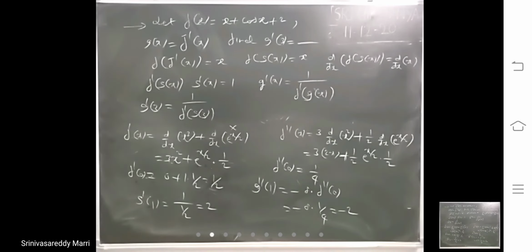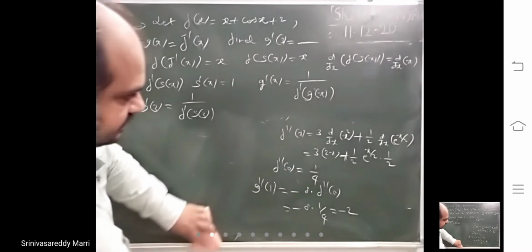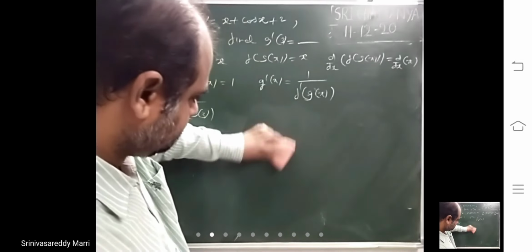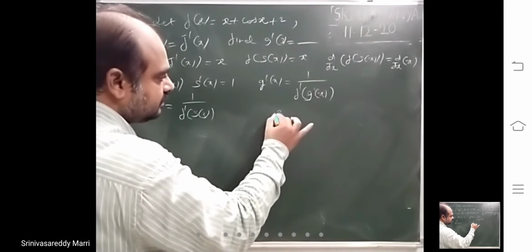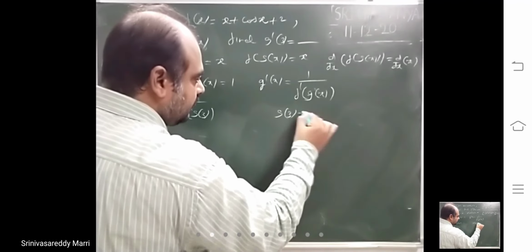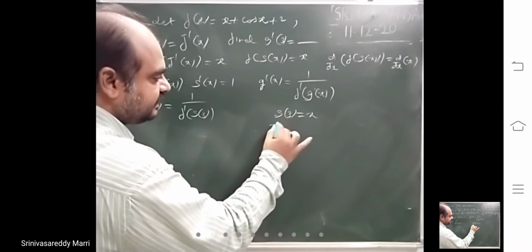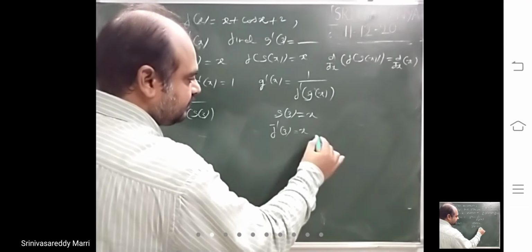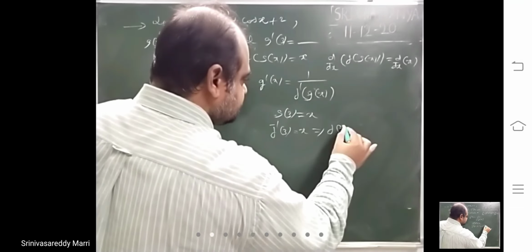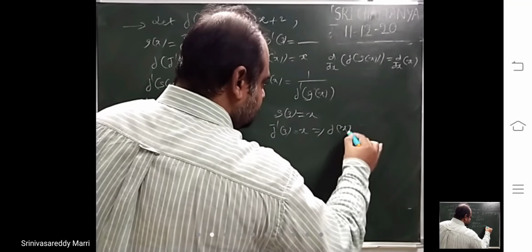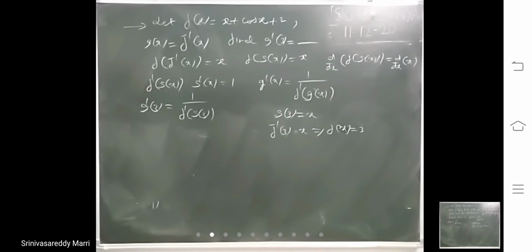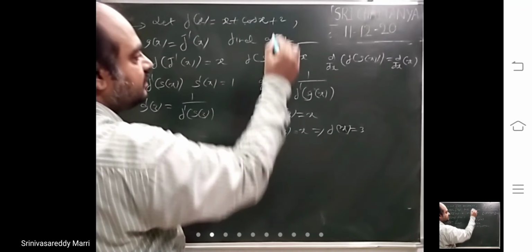Now what I want is g of 3. g of 3 I want to calculate. Let us say this is x. g of 3 is nothing but f inverse 3 equal to x. That implies f of x equal to 3.